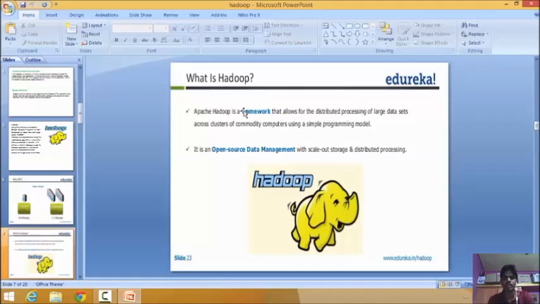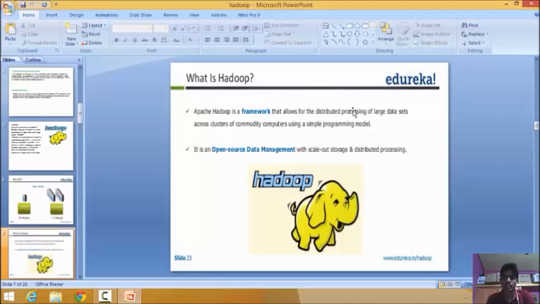A framework is nothing but a base or a software. Apache Hadoop is a tool or software. It allows for the distributed processing of large data sets across clusters of commodity computers. What is Hadoop for? It's not for small data sets like 1 GB or 2 GB of data. It is for processing large data sets. How much? 500 GB, 500 TB of data.